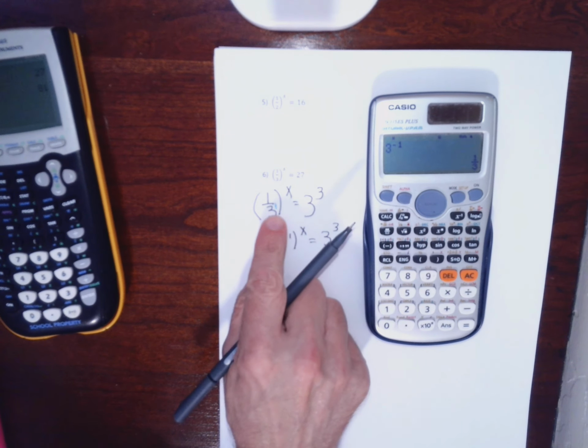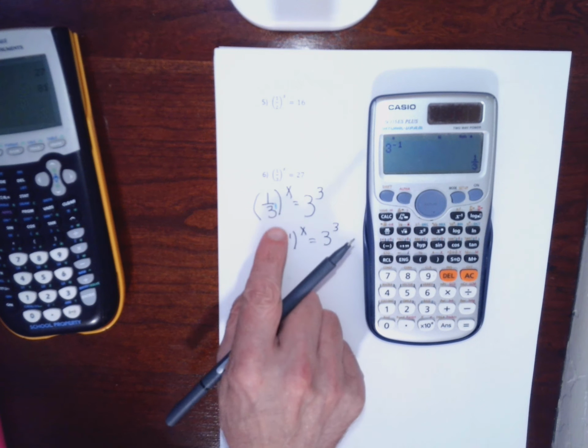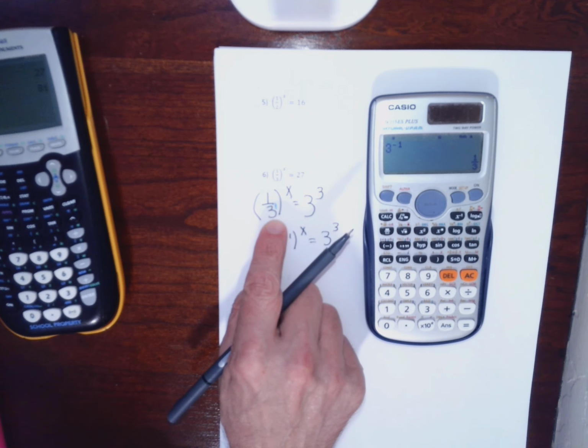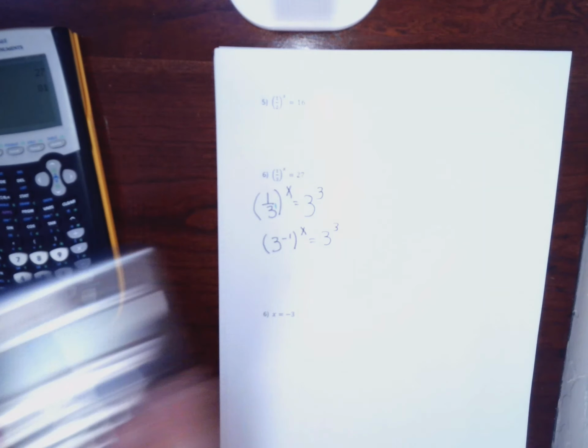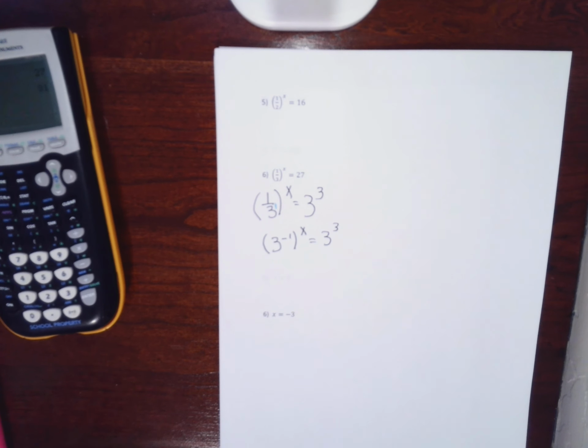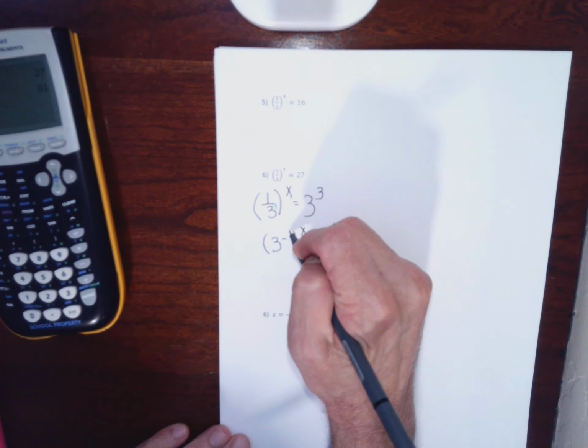So if I have a base as a fraction, I need to change that fraction into a negative exponent. What I do is I just take whatever's in the denominator with its exponent made negative, and it no longer needs to be a fraction. Now, to clear the parentheses, I need to multiply the exponents.